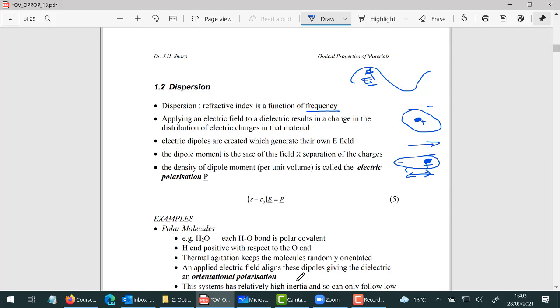That electric dipole will have a certain moment, and if we then change from a positive direction for the electric field to a negative direction, then what has to happen is that this cloud of electrons has to switch from this side over here to the other side of the nucleus.